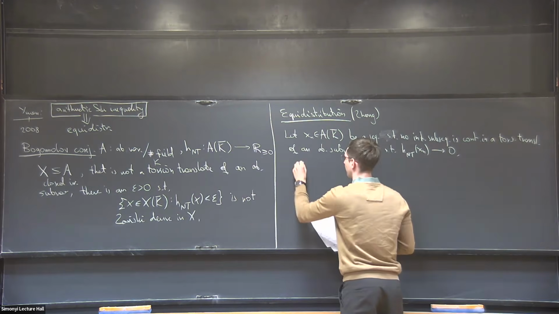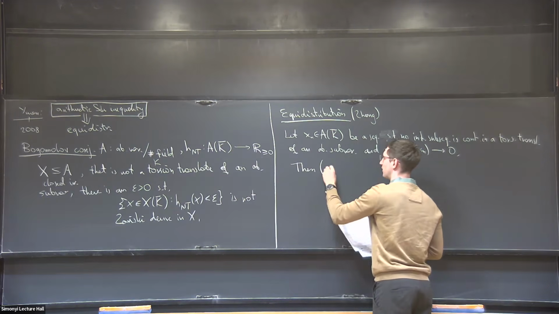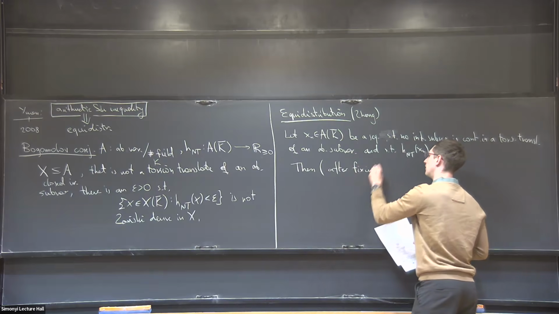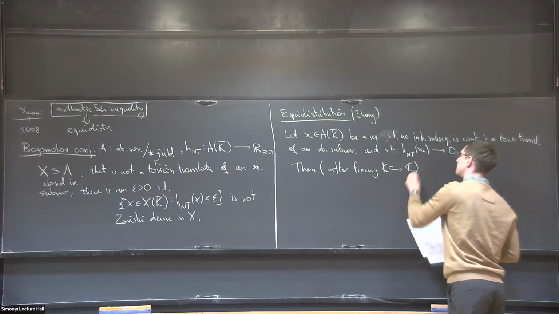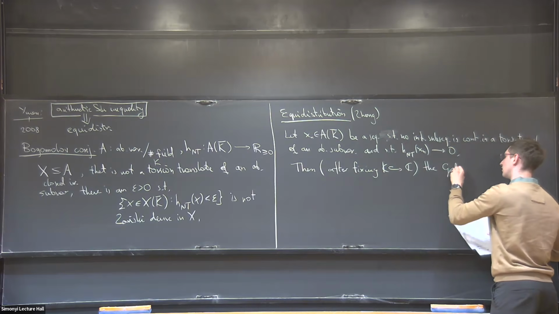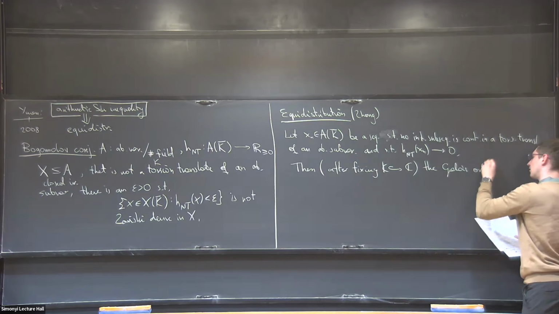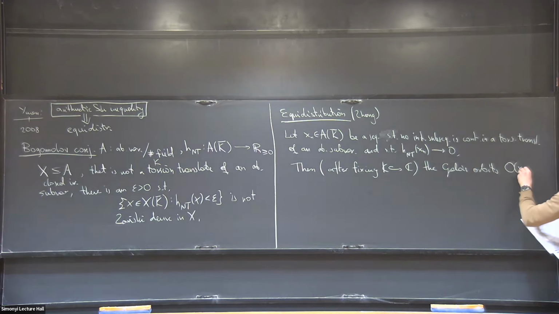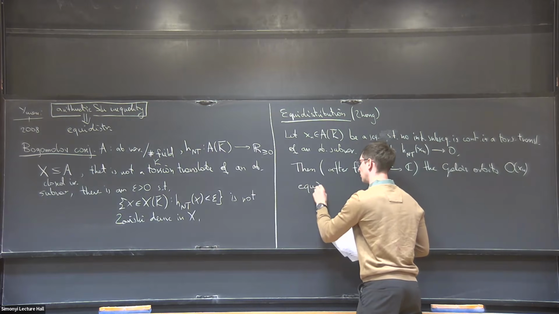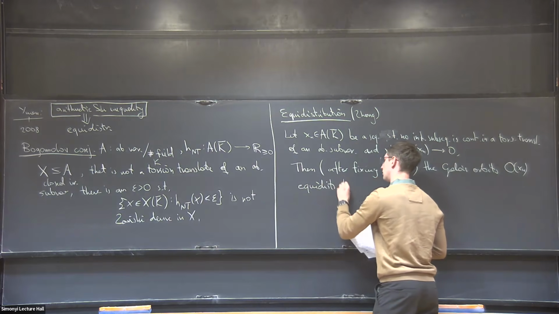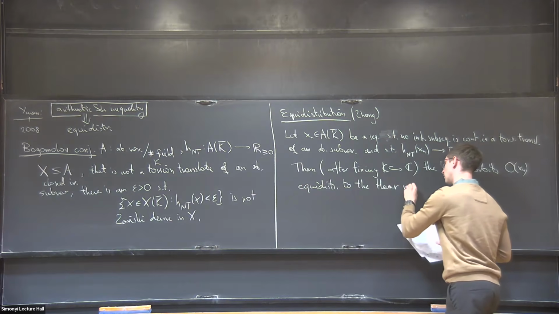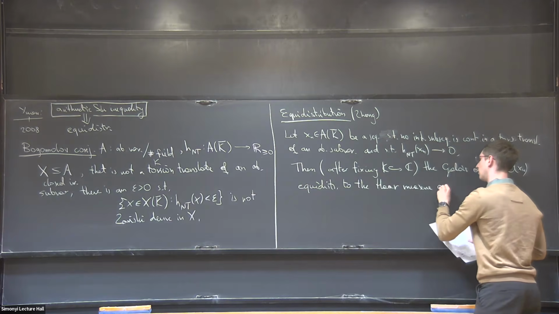So then, after fixing an embedding of our field into the complex numbers, the Galois orbits equidistribute towards the Haar measure on A(C).